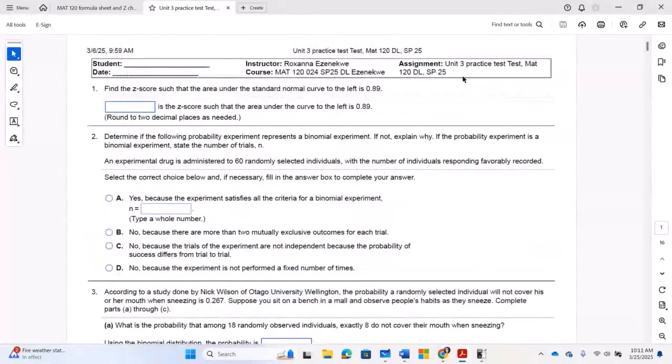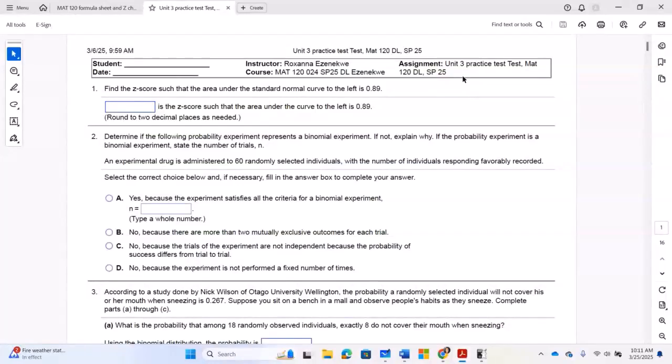We're not following them one by one though. Determine if the following probability experiment represents a binomial experiment. So you are expected to know the properties of a binomial experiment. If not, explain why.